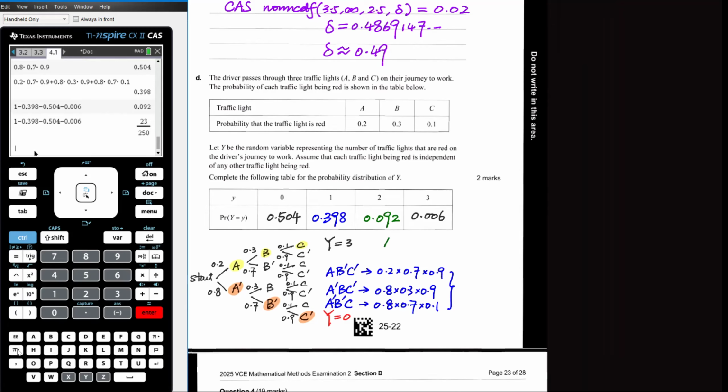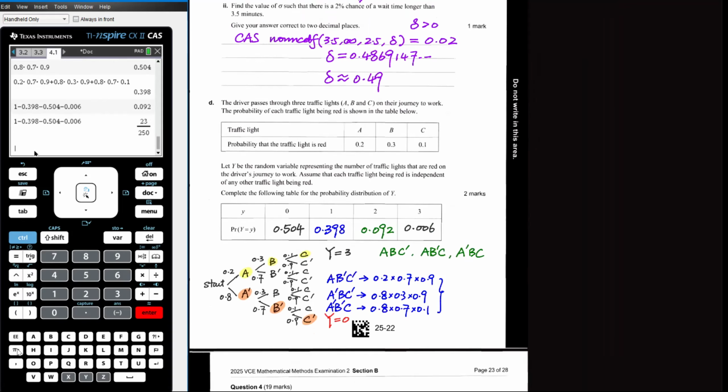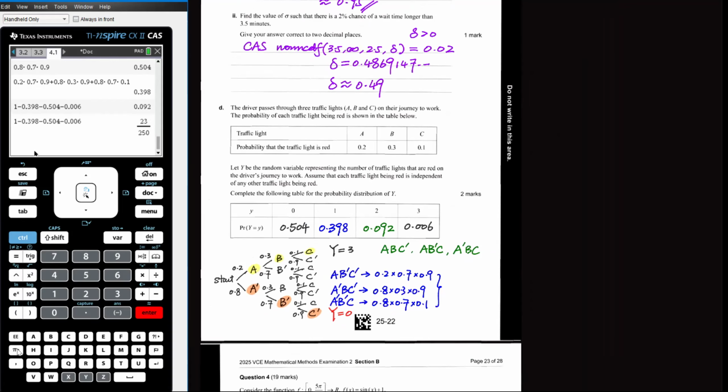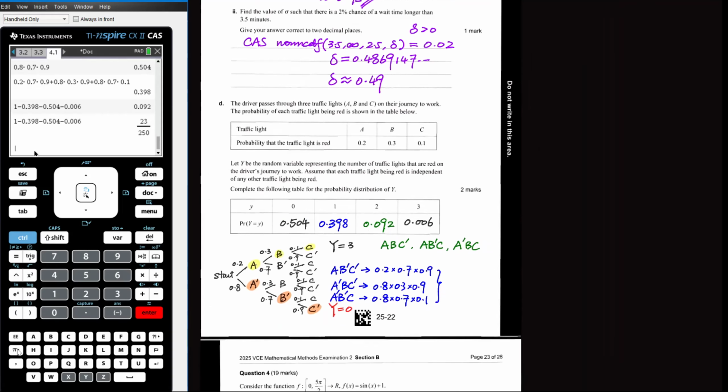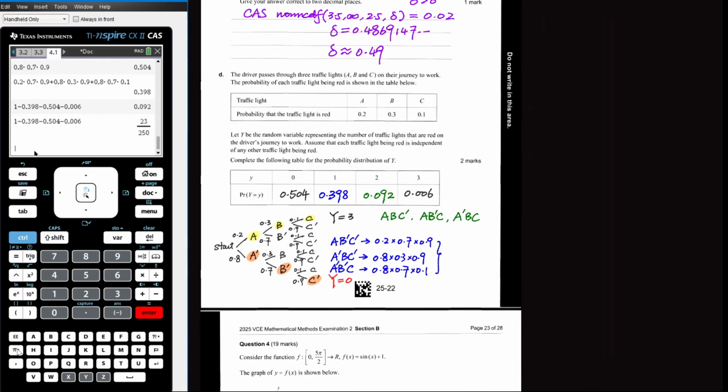So you might get, let's say, A, B, C dash, A, B dash C, or A dash B C, something along this line, okay? So to tackle this question, the best approach is using a tree diagram, listing all outcomes and organizing them into a table. So that's pretty much question 3. Then we can move on.